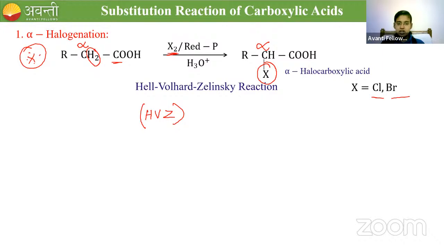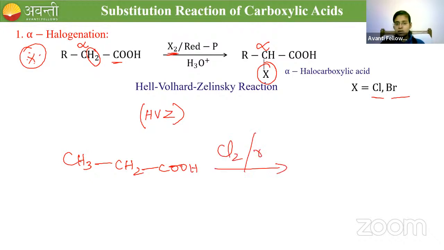If I have a compound CH3CH2COOH with chlorine in the presence of red phosphorus and H3O plus, what will I get? I have to look for the alpha hydrogen and replace that hydrogen with the halogen, chlorine.